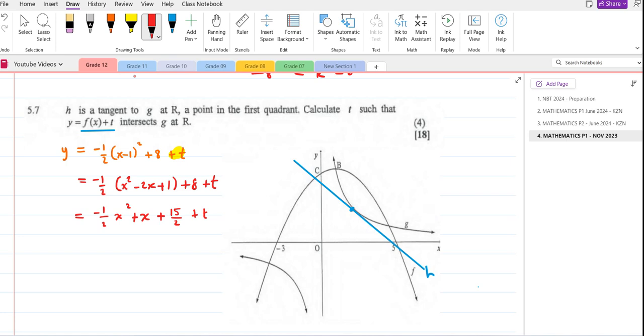Now this one here needs to be equal to, H is a tangent to g at R. So this is a coordinate, this is R, right? That's point R, in the first quadrant. Calculate t such that y equals f of x plus t intersects g at R.